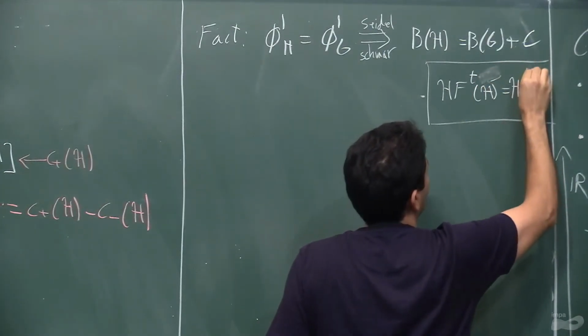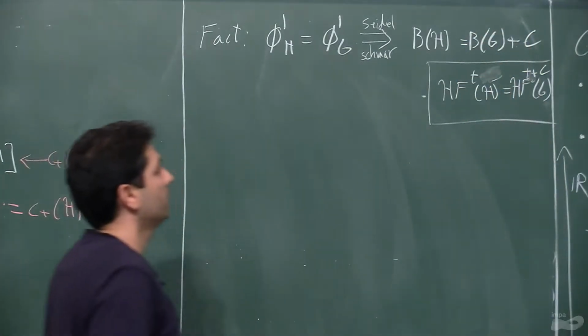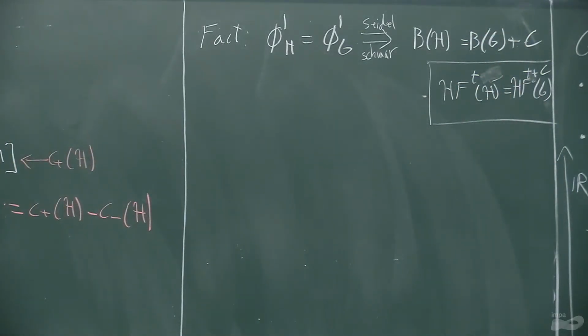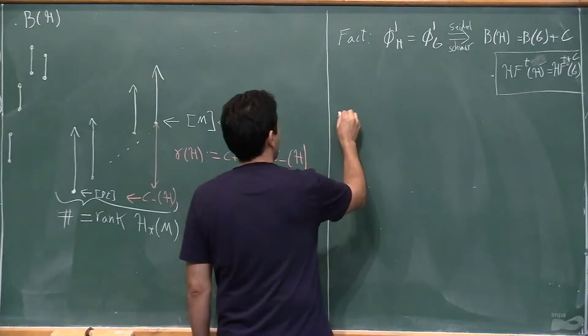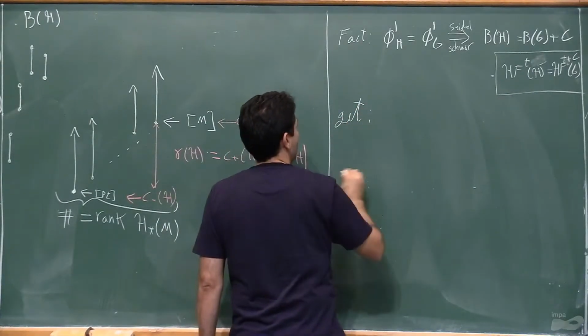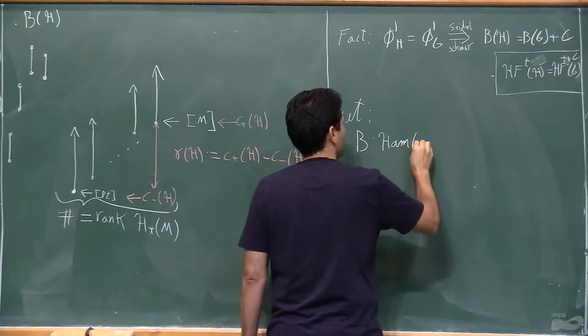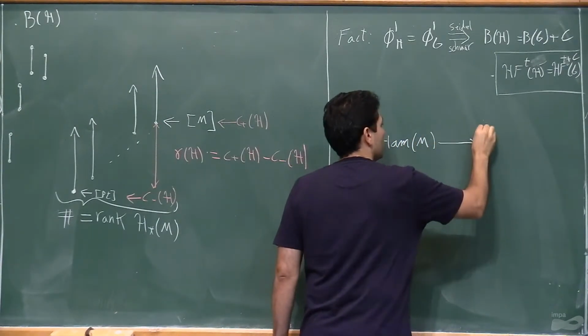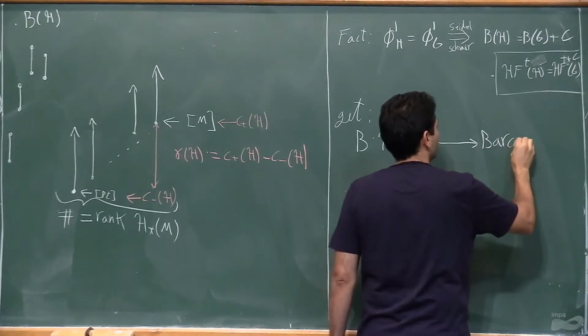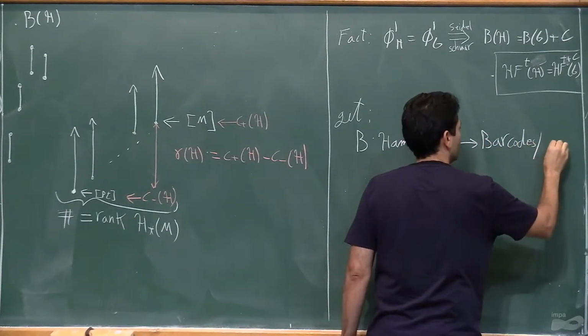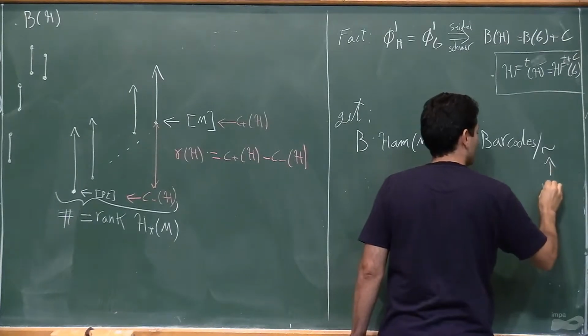I think I need to put the c here if I want to write it that way. Okay? So look at what this tells me. Then I get a mapping from the space of Hamiltonian diffeomorphisms to the space of barcodes, but quotiented out by shift. So this is up to shift.